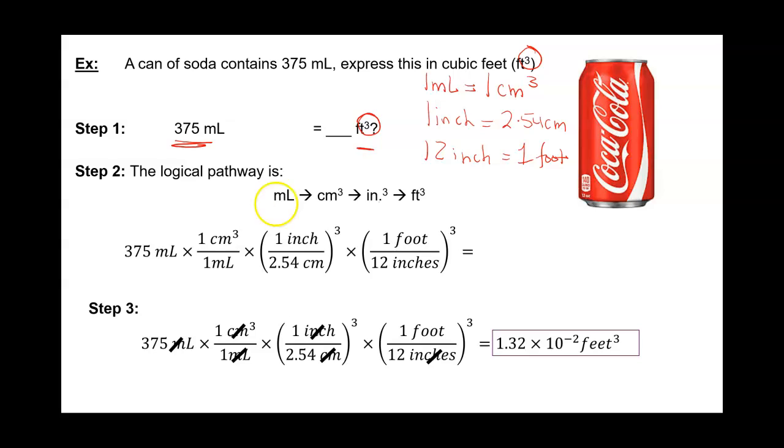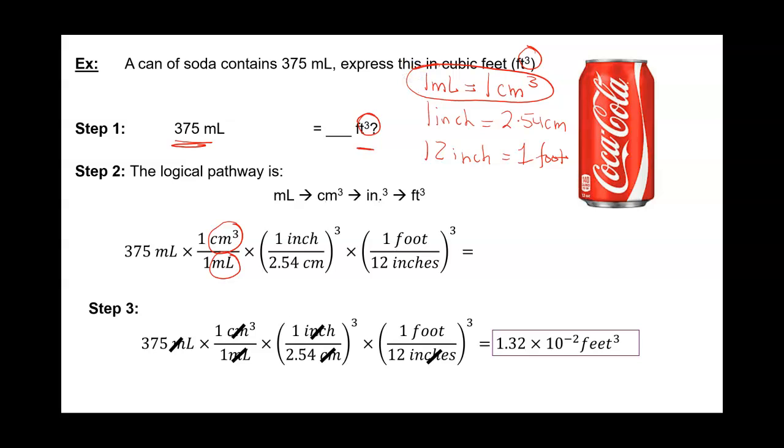So I'm going to go milliliters, centimeters cubed, inch cubed, feet cubed. So my first conversion factor has to cancel milliliters and turn my milliliters into centimeters. So I put milliliters on the bottom and centimeters on the top. The numbers that go into my conversion factor, I'm just getting from my equivalency up here.